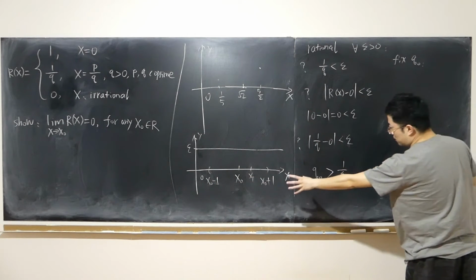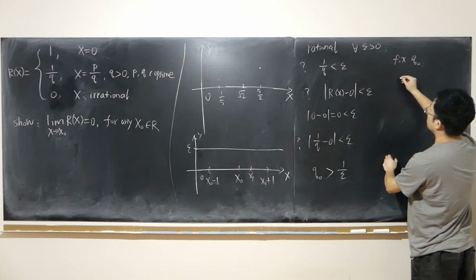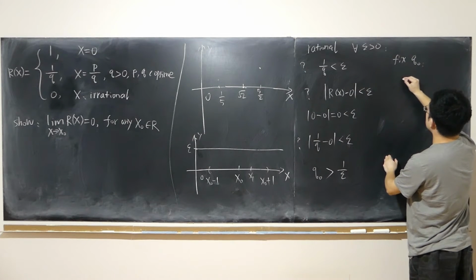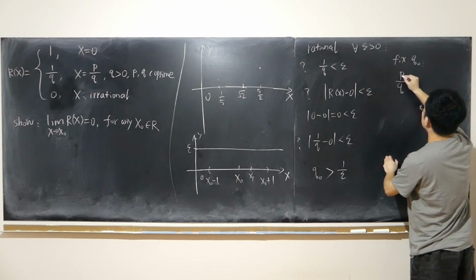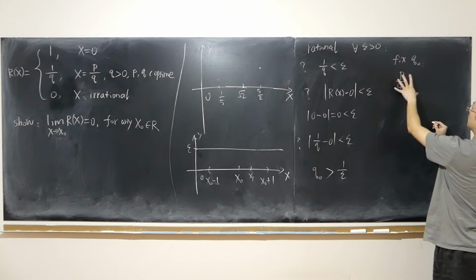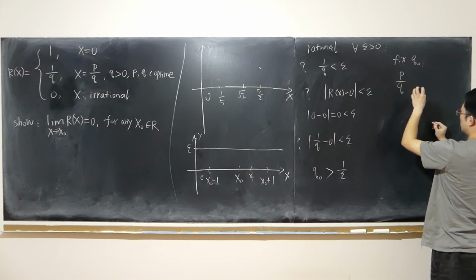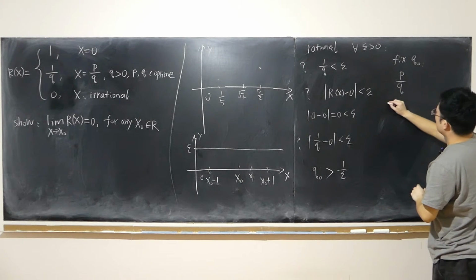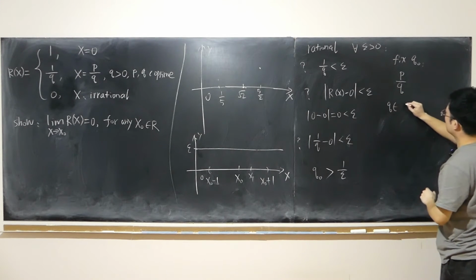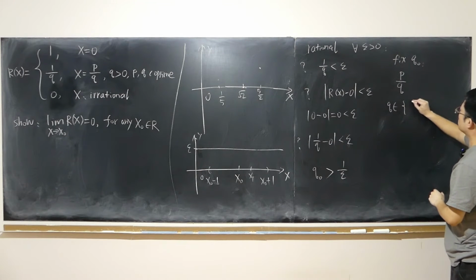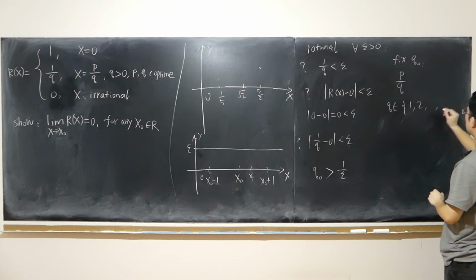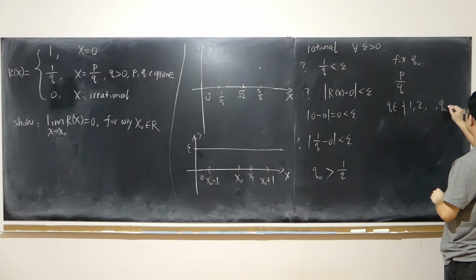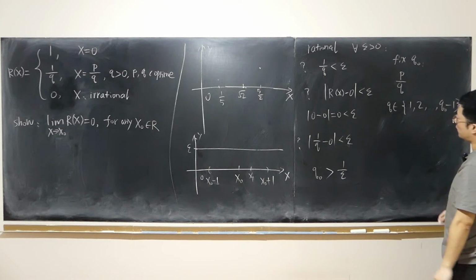So within this deleted neighborhood, I'm looking at, first of all, this type of fraction whose denominator is chosen from this set 1, 2, all the way up to q naught minus 1, right?